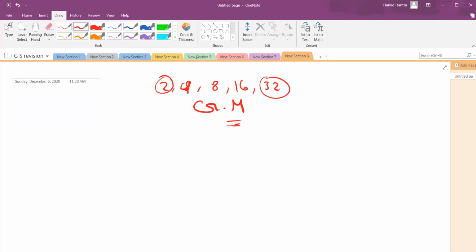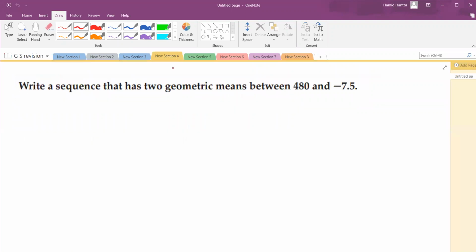So the question now, we wanted to insert geometric means between two given terms. Write a sequence that has two geometric means between 480 and negative 7.5.